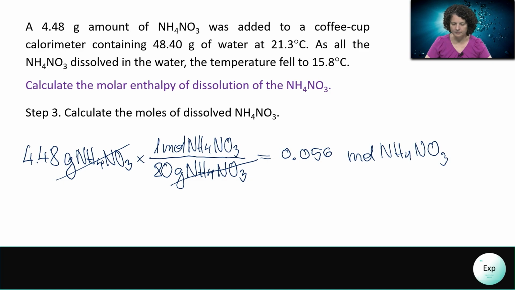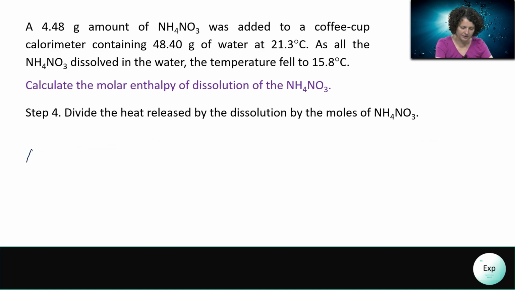0.056 moles. Once we have the moles and we know the heat absorbed by this many moles, we can determine the molar enthalpy of the solution. We're going to take the heat of the solution and divide it by the number of moles.